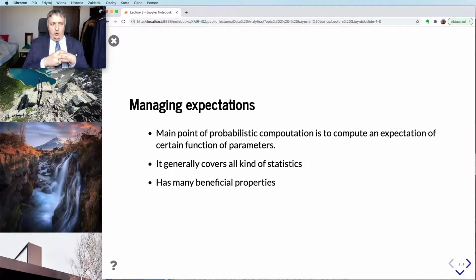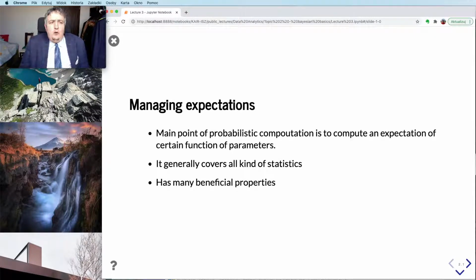Those can be more complicated functions or less. They can be infinite dimensional. It is not only an expected value of a distribution, but also an expected value of a certain function of parameters.